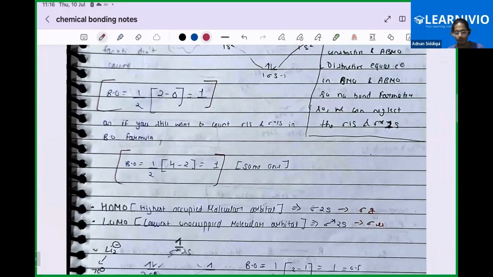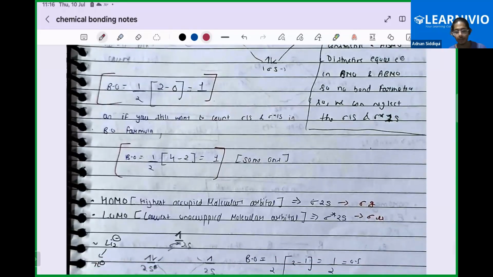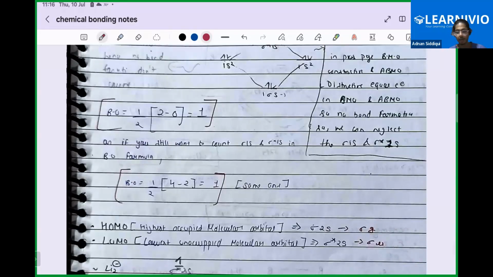If they give you a set of molecular orbitals and ask you to identify HOMO and LUMO, for this one HOMO is sigma 2s, right? What about LUMO? LUMO is the lowest unoccupied molecular orbital.